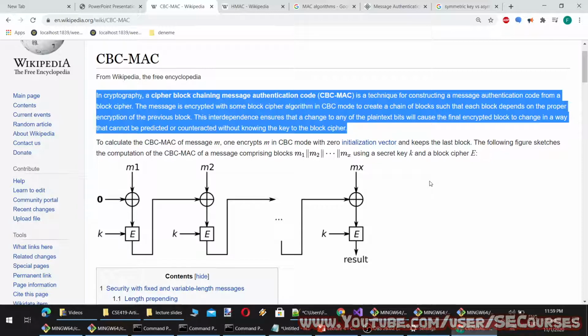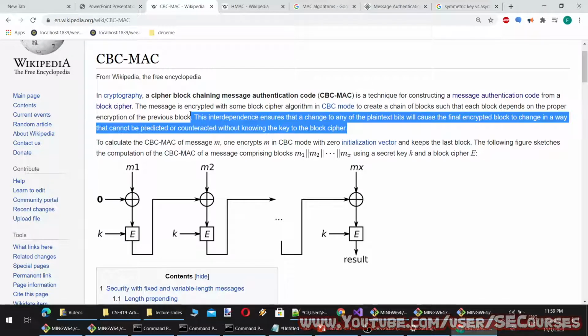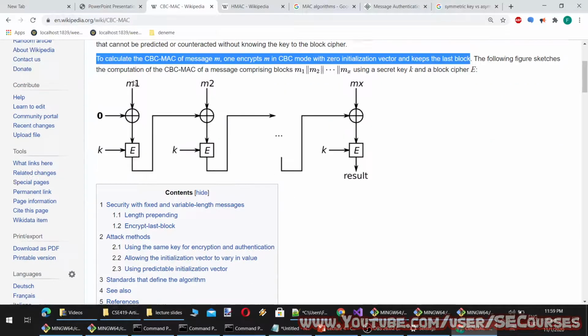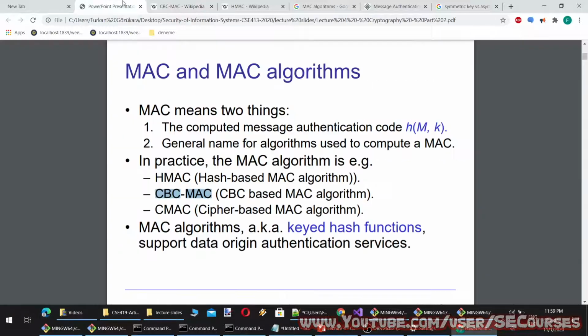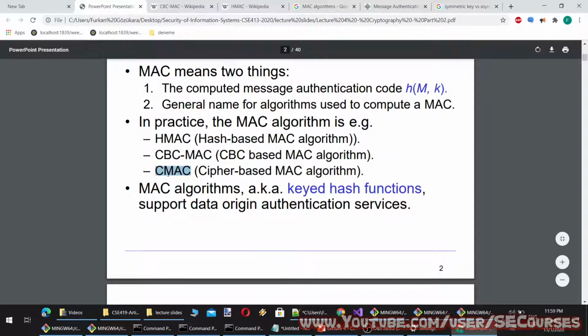This interdependence ensures that a change to any of the plaintext bits will cause the final encrypted block to change in a way that cannot be predicted or counteracted without knowing the key to the block cipher. So in this method, the message itself is also encrypted. It uses some XOR method with keys. Okay, and there is also CMAC.